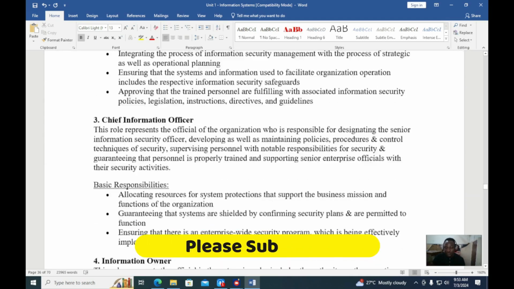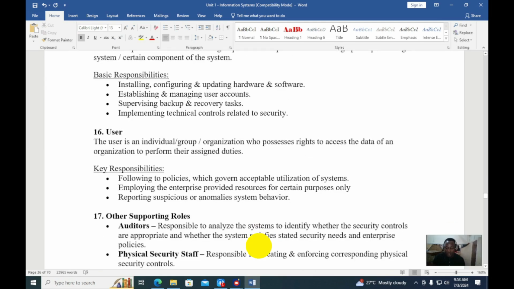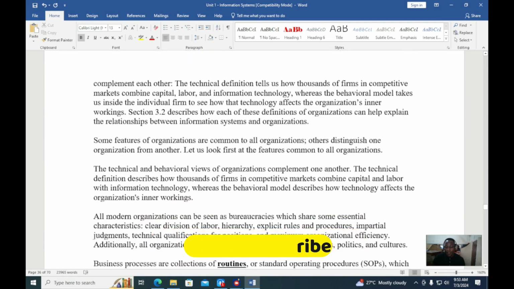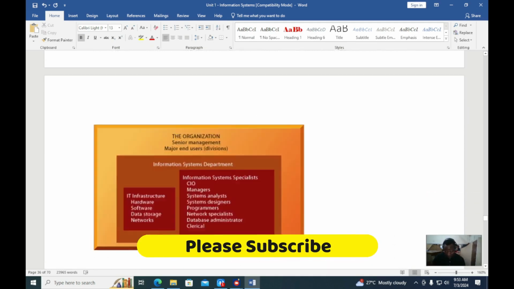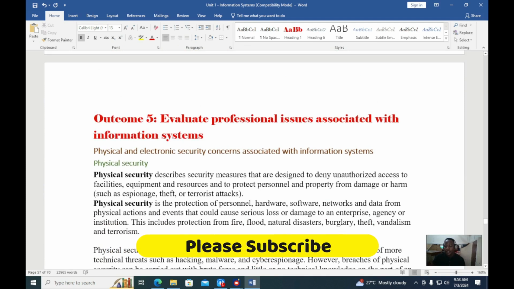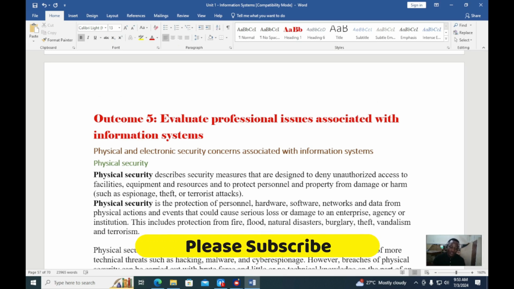So after us having focused on the roles that people play in information systems, we will also focus on the issues, the professional issues that are actually associated with information systems.